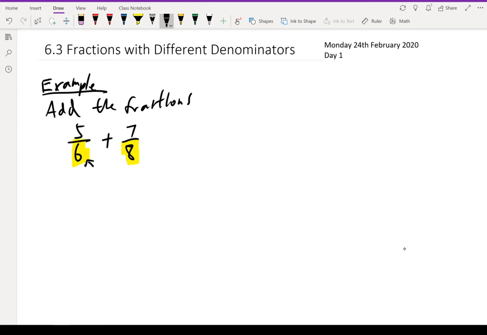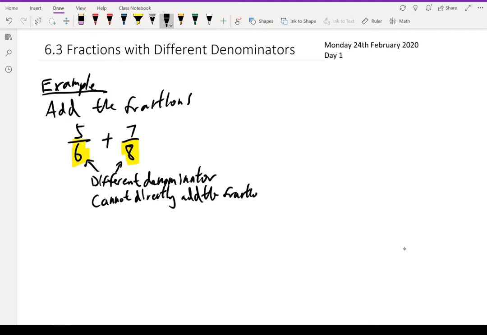Okay, so they are different denominators, which means that we cannot add. Different denominators means we cannot directly add the fractions.